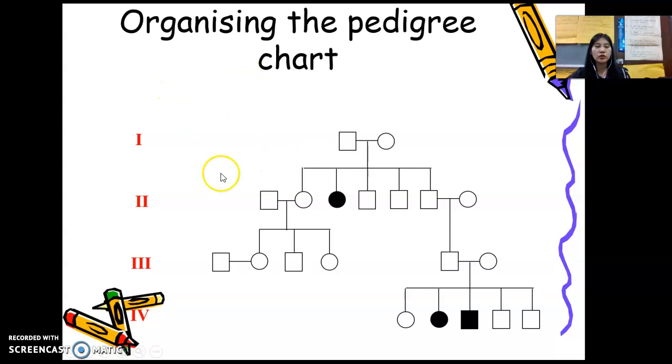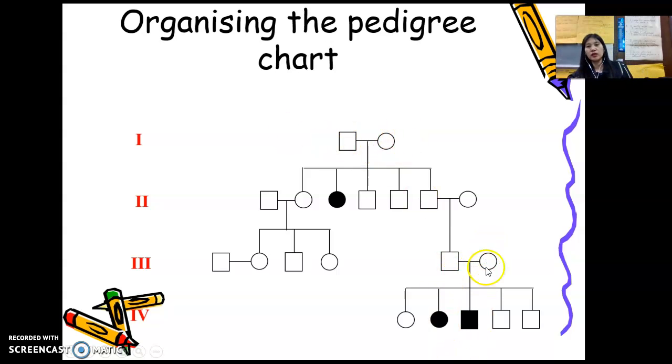So as what I've told you a while ago, generation 1 is this. If you are a male, you are on this side, or if you're a female, you're on this side. So this side here, generation 1, are your grandparents, okay?